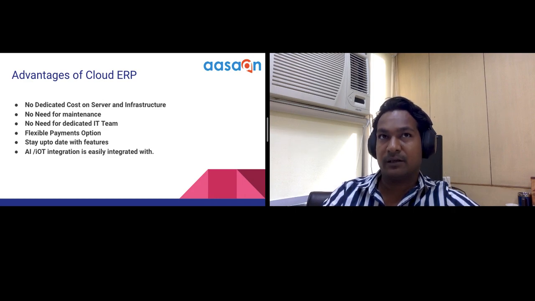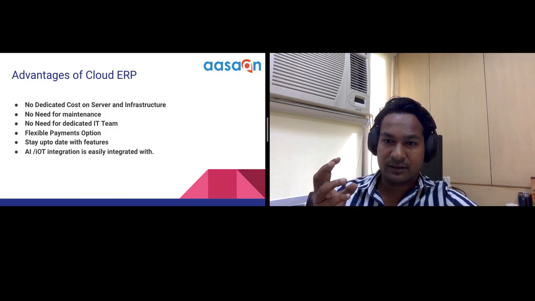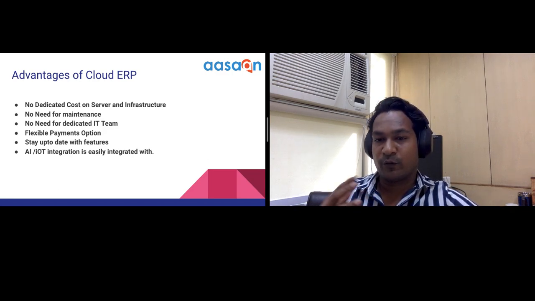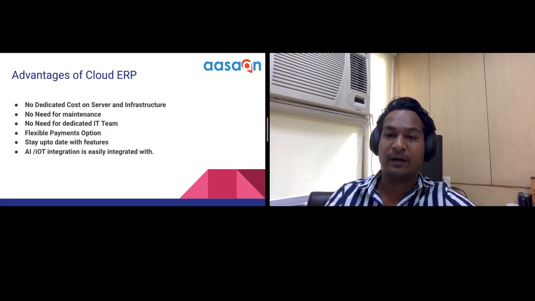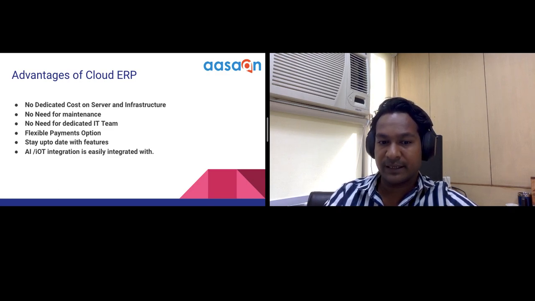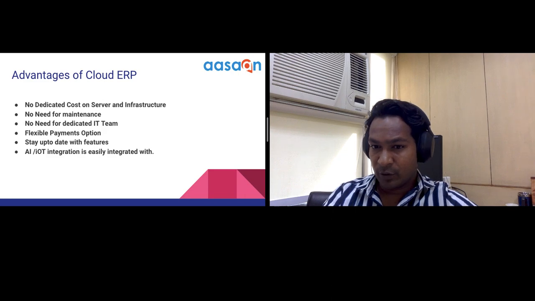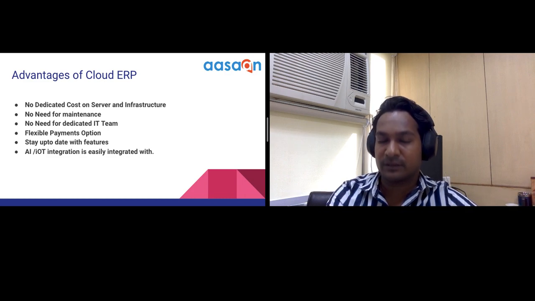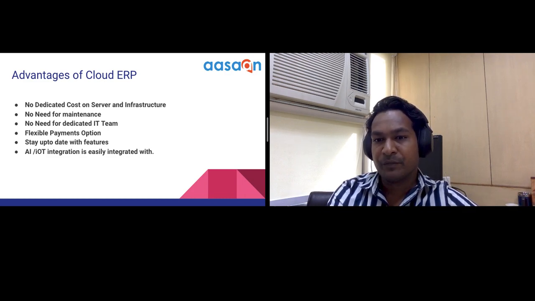Also, the hidden benefit that I see in Cloud ERP is that you generally get a standard procedure in your company. In case of on-premises ERP, generally you go for too many customizations as per your requirement. In that case, yes, it is adaptable to you, but at the end of the day, sometimes you make so many changes that you go beyond the standard procedures followed in the industry.